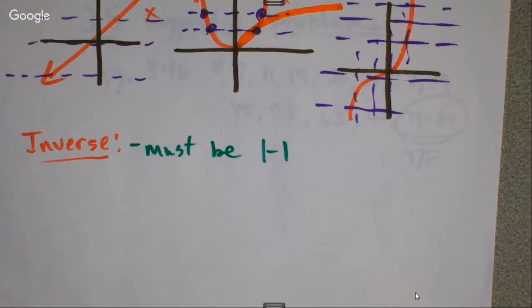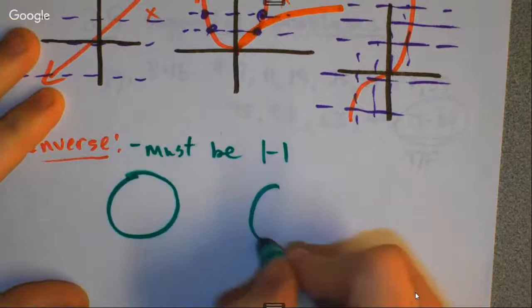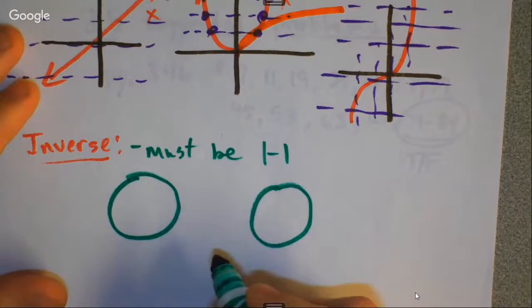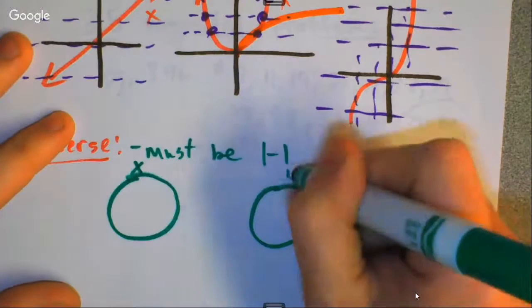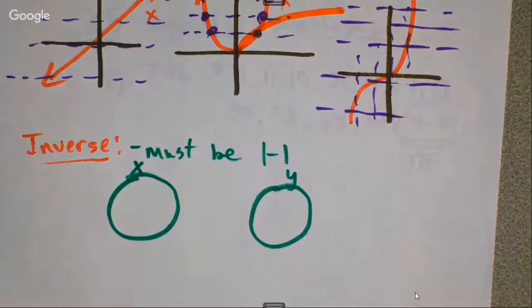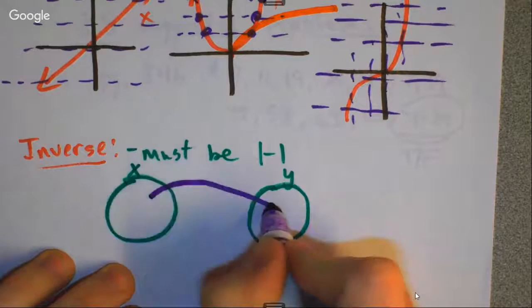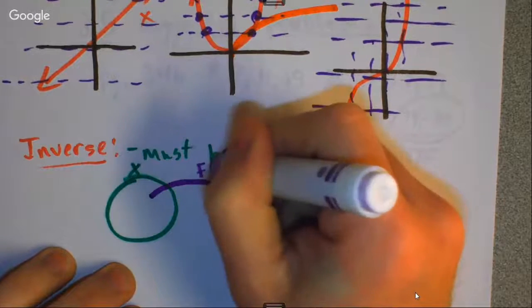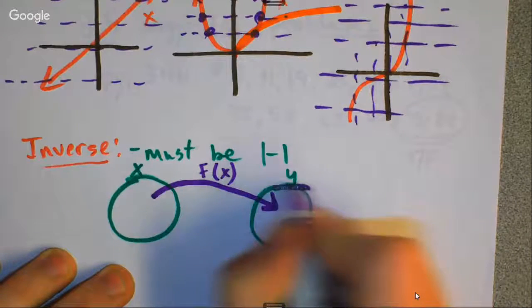For a picture, let's say I have two sets of numbers. We'll call these my x's, and we'll call these my y's. Now your f of x function is some mapping between your x's and y's. Really, this is your domain, and this is your range.